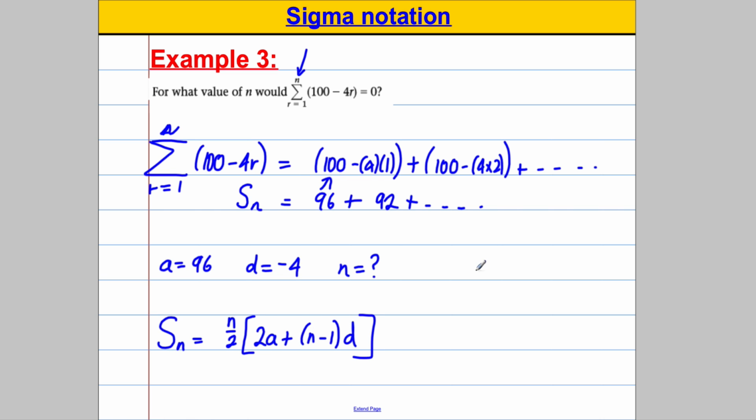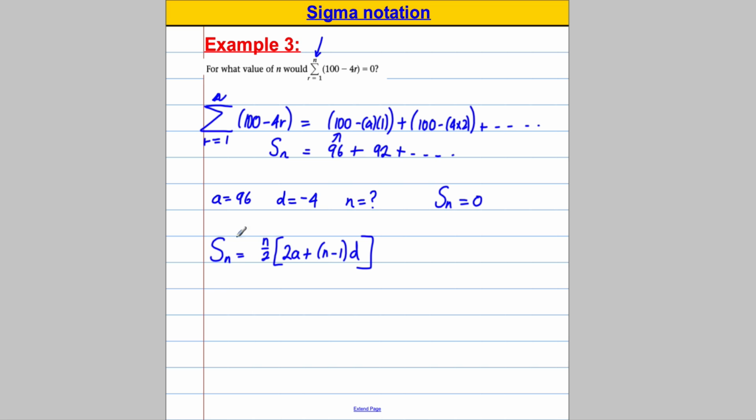And we know that the sum to n, they're telling us the sum up to this number n that we need to find, is 0. So we could try and solve the equation 0 equals n over 2, 2a, 2 multiplied by 96, plus n minus 1, and I know that d is negative 4.